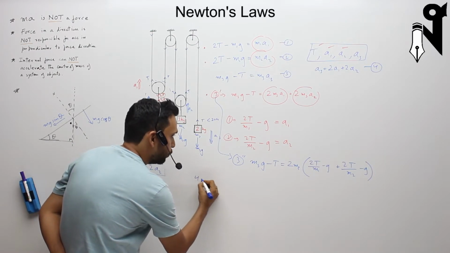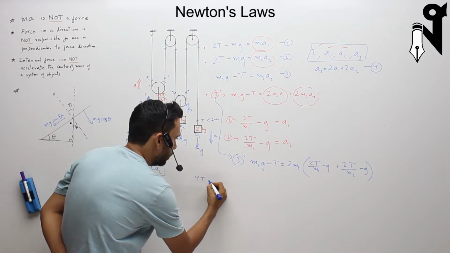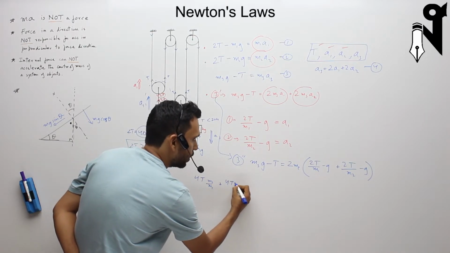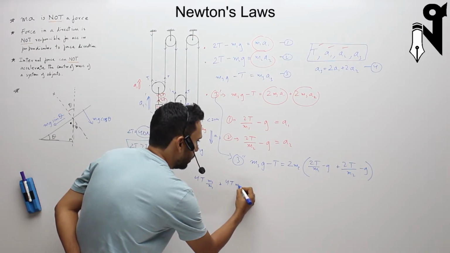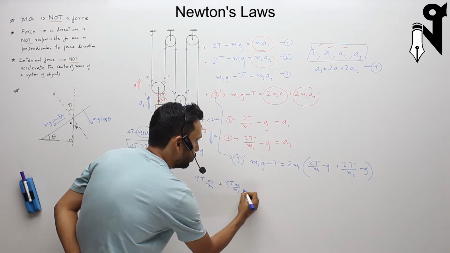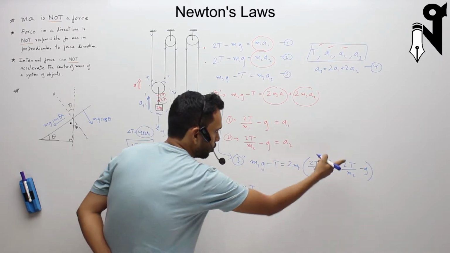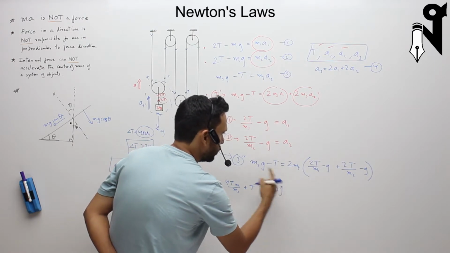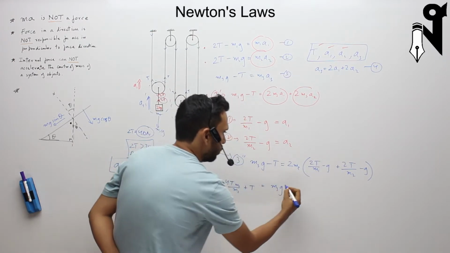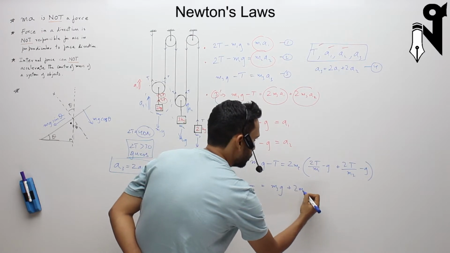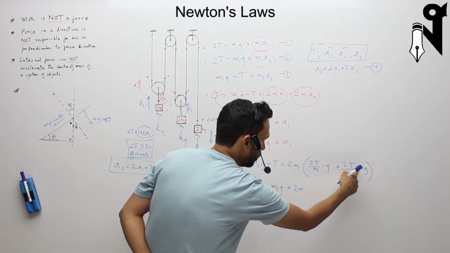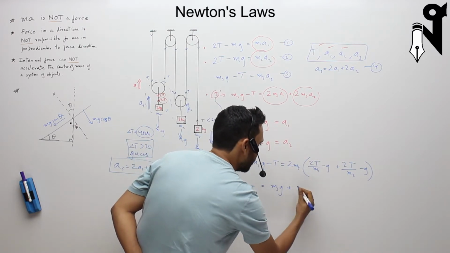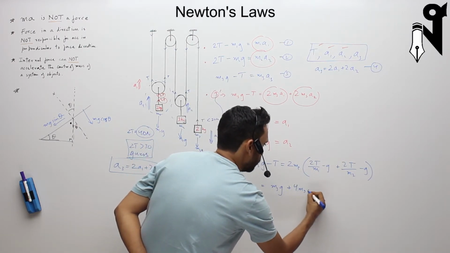So you have 4T m3 by m1 plus 4T m3 by m2 plus T, this goes on that side, is equal to m3g, this one, plus twice m3g, and m3g is 2g, so you have 4 m3g, so plus 4 times m3g.